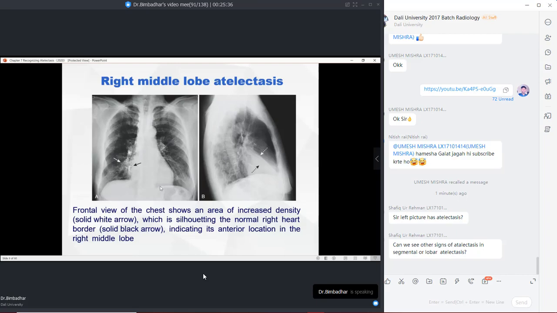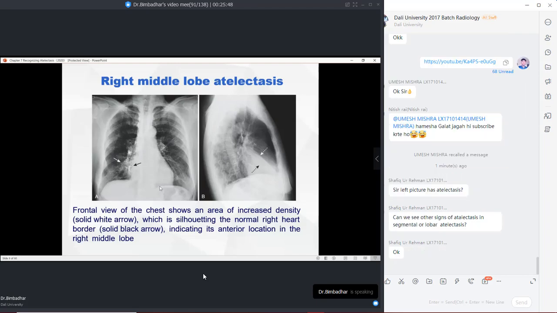That does not technically happen unless a large region of the lung has collapsed. That does not happen in lobar atelectasis and segmental atelectasis. That does not appear that way.